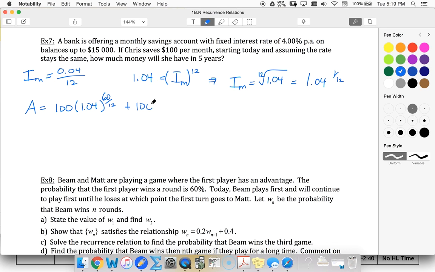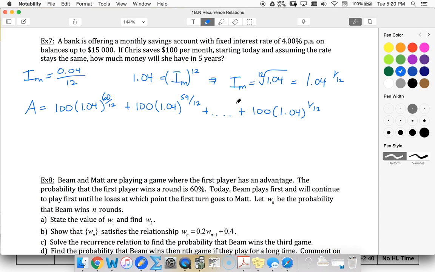Then our second payment would have received interest 59 times. And our last payment, we put it in at the beginning of the month, we get our interest at the end of the month, so that would receive it only once.